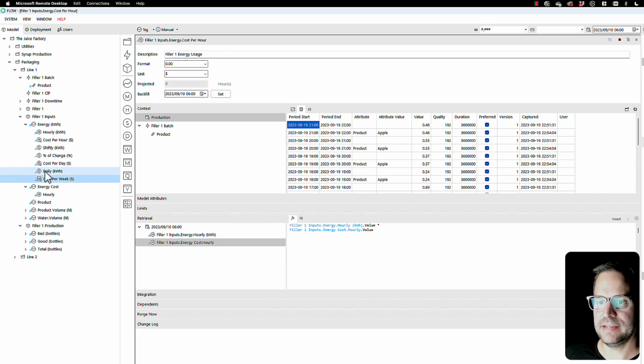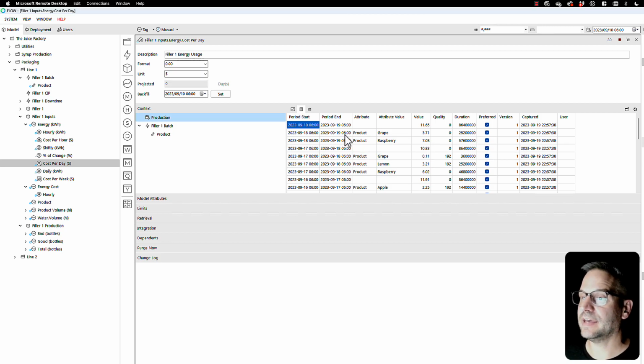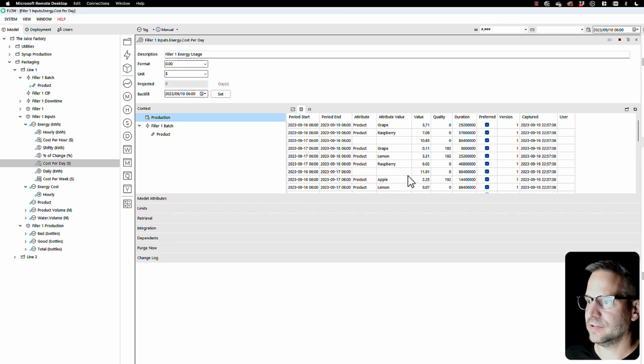So as I look at my daily, energy cost per day, what I will see is that from the 18th to the 19th, we had a total of $11.65 of cost attributed to this line. That was divided across two different products, grape and raspberry. Accordingly, the day before, $10.83 divided across three products. The day before, $11.91 divided across two products, and so on.